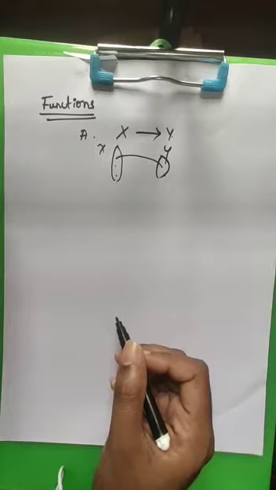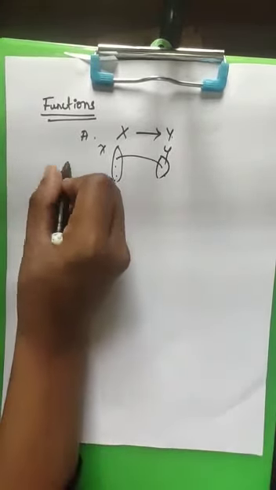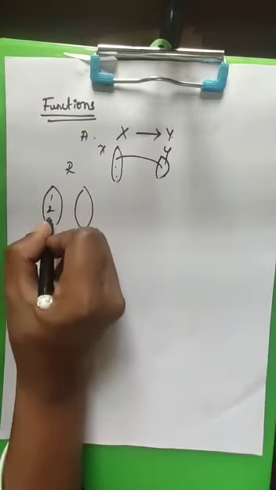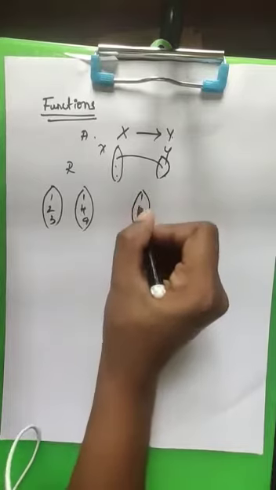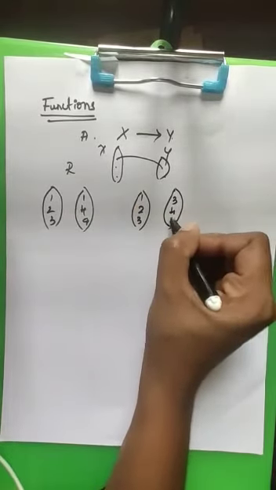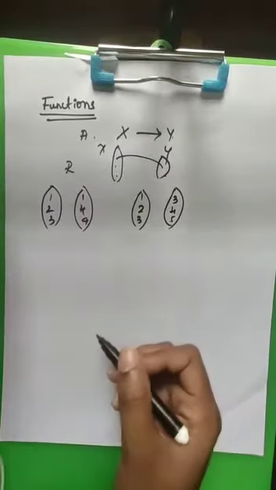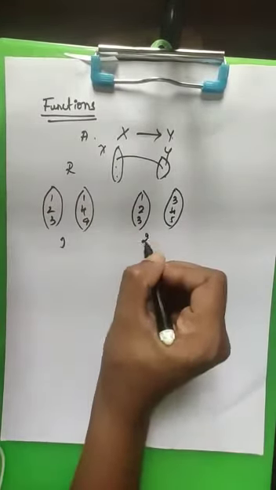So function is nothing but a relation where every element in set x has one image in set y. Okay, for example, suppose I have two relations: 1 2 3 to 1 4 9, and 1 2 3 to 3 4 5. This is the first example, this is the second one.